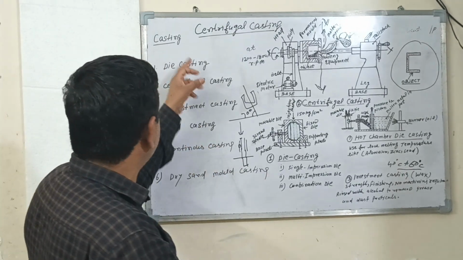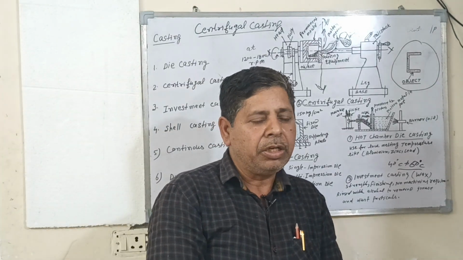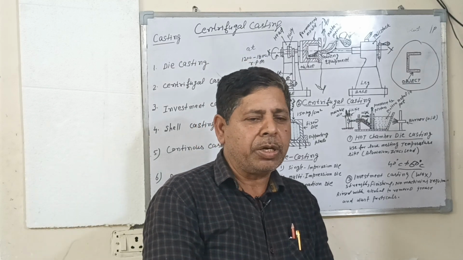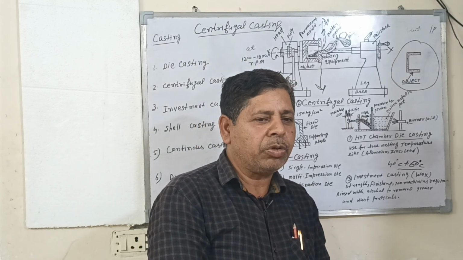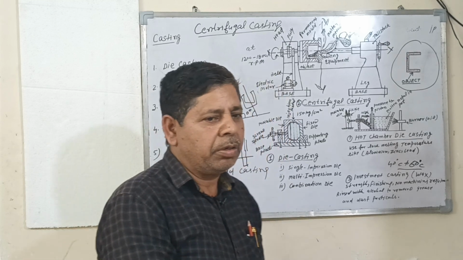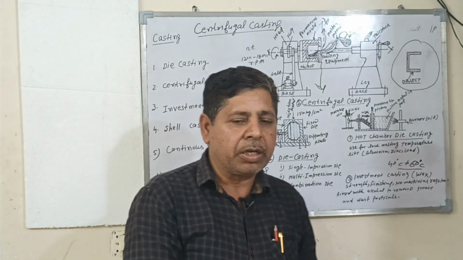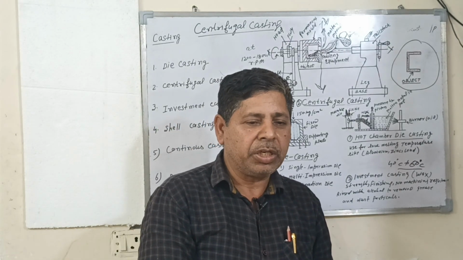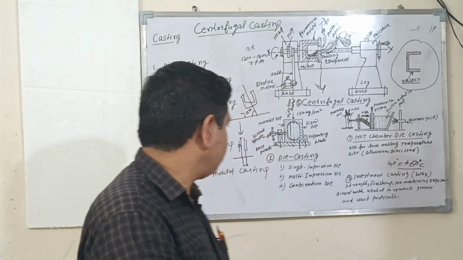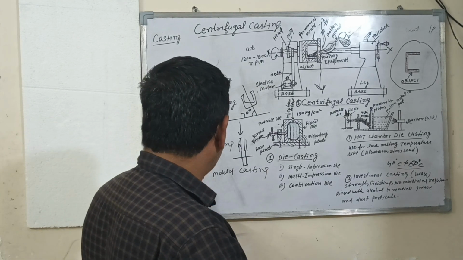Dry sand casting means green sand. Green sand uses silica sand 80%, 8 to 10% water, and bentonite binder 10 to 15%. Other material is clay 10 to 15%, and other material like wood dust and sugar dust is used at 1.5 to 2% to make the binder, to make the green sand.